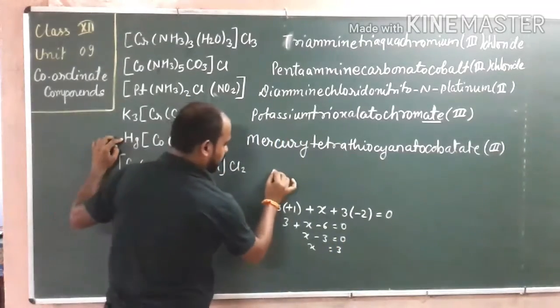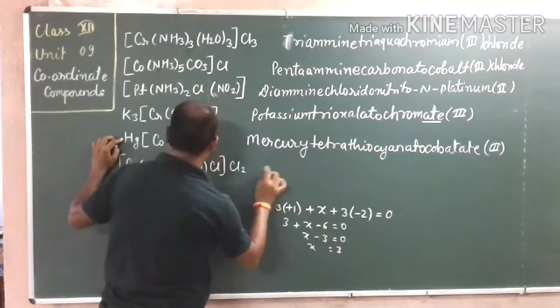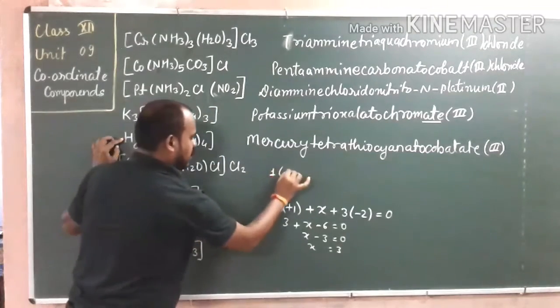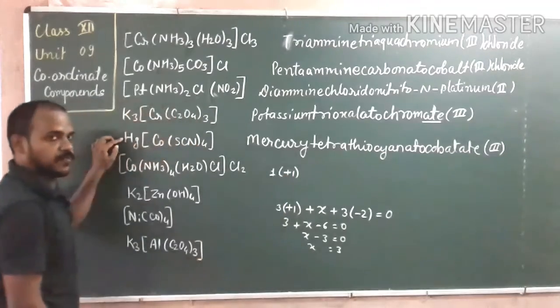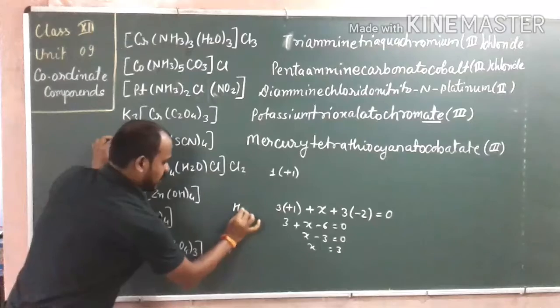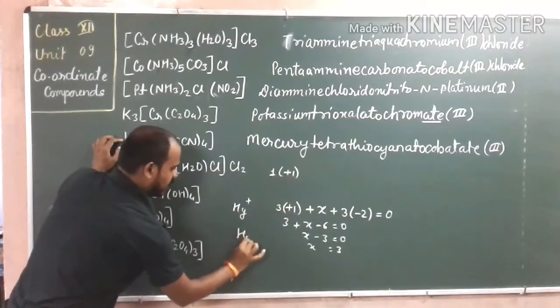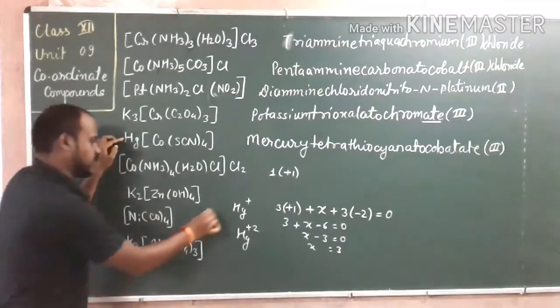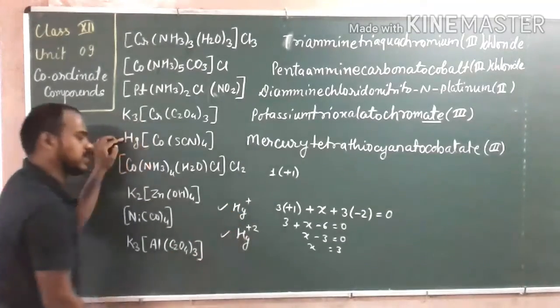For mercury, first the number of mercury atoms is 1. The charge on mercury may be positive, like Hg plus, or it may be Hg2 plus. So which one is this? We don't know.